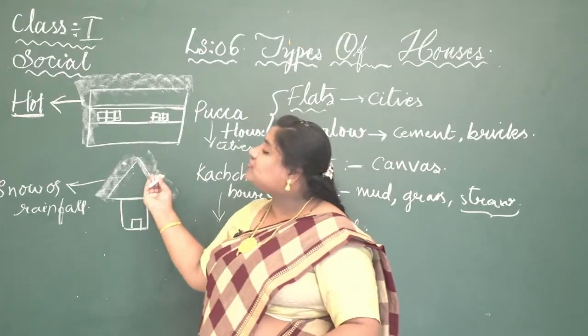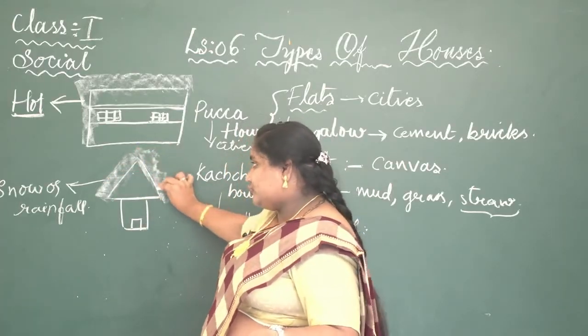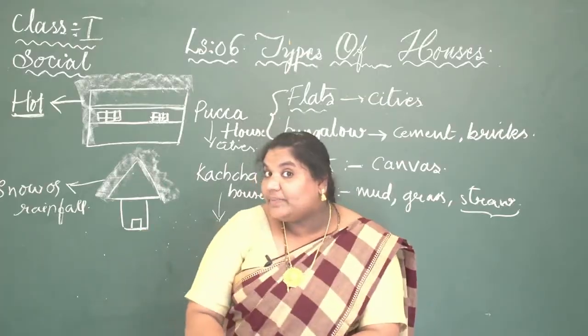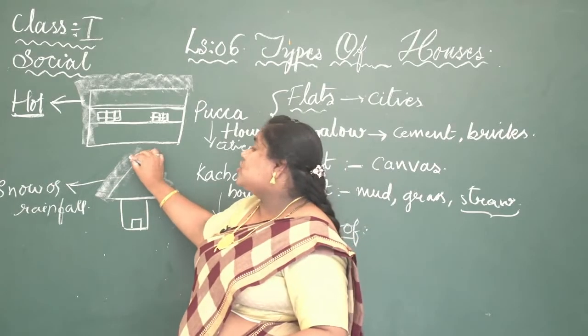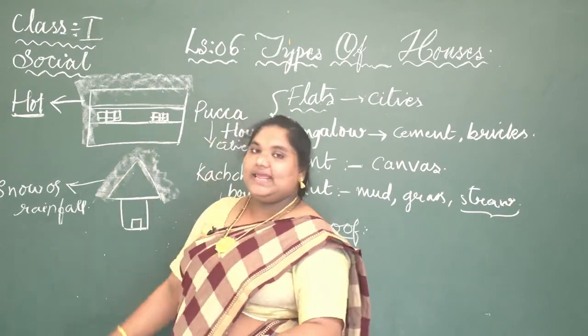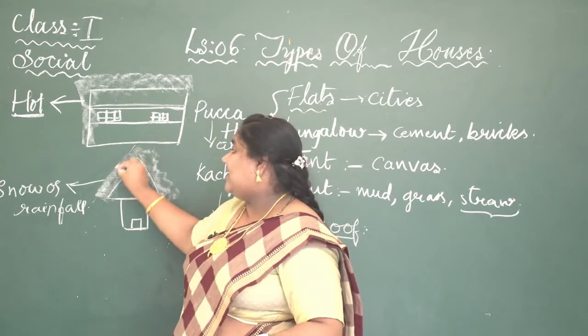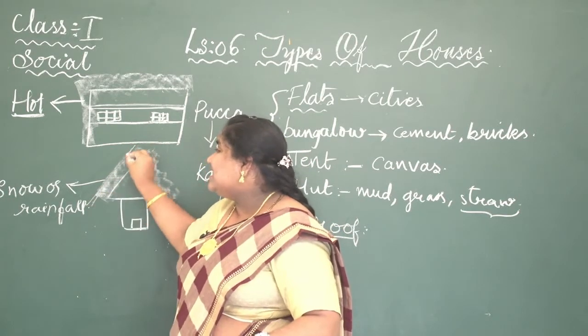So how do they construct the houses? If you see, their roofs are sloping. Why are they sloping? Because when the snow comes, the snow slides down easily, and even in heavy rainfall, the rainwater slides down easily.